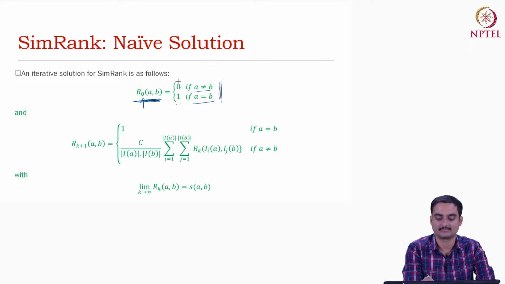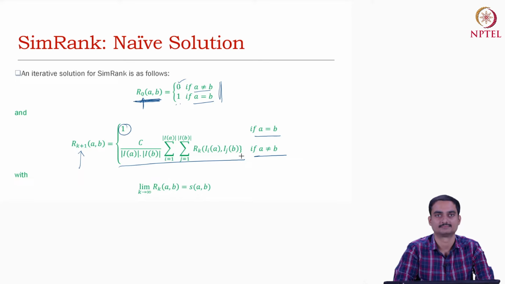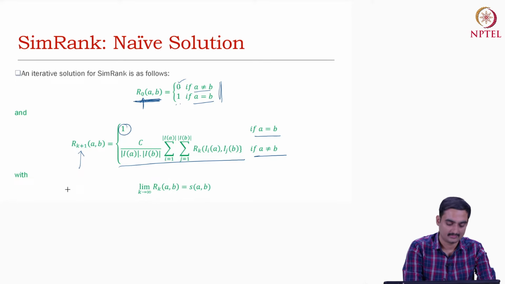If A and B are not the same, then 0. And over time you update it, and this is the update rule. If A and B are the same, then 1. If A and B are different, then the quantity that we discussed, and then we repeat it. We stop when R of k plus 1 of A, B is about the same as R of k of A, B.